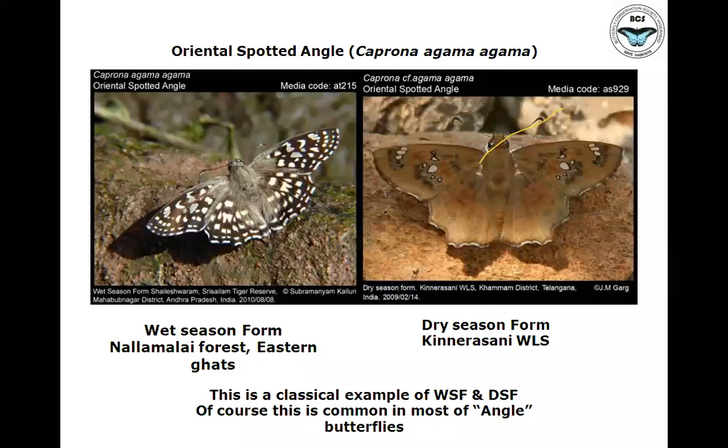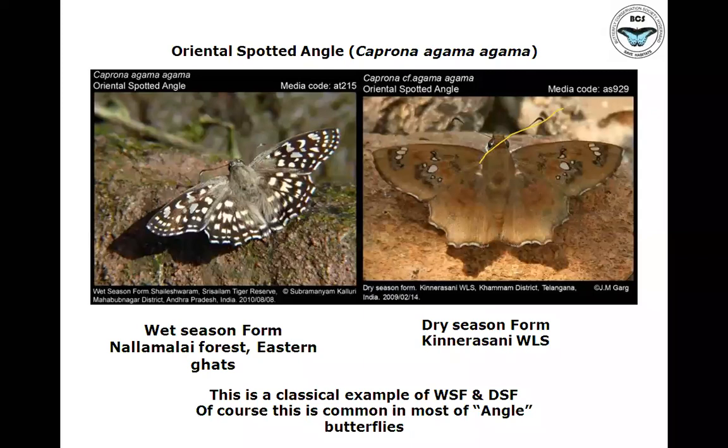And this is another interesting pattern. It is the oriental spotted angle. Both are oriental spotted angle. One is the wet season form and one is the dry season form. This is the classical example of the wet season form. And of course, it's common in most angle butterflies, that variation.